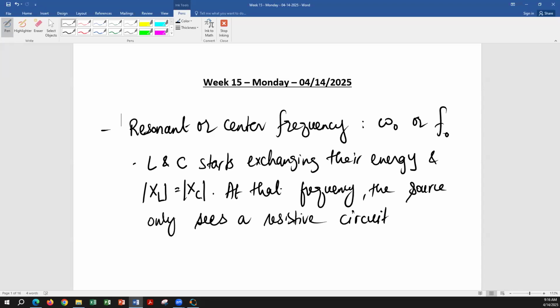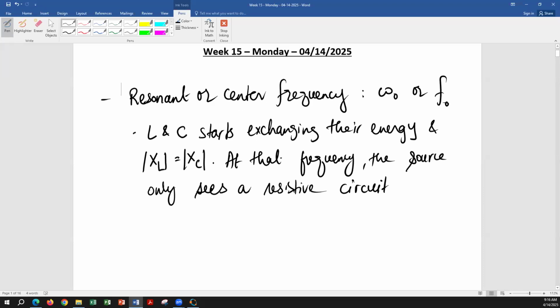At that time, you get the peak response of the circuit because your total impedance is the minimum value, which is the value of only the resistor. That's why you see the peak value, the top value, at the center frequency, because you do not have any reactance. Well, you do have reactance, but XL and XC are canceling each other. So you only have resistance as seen by the source.